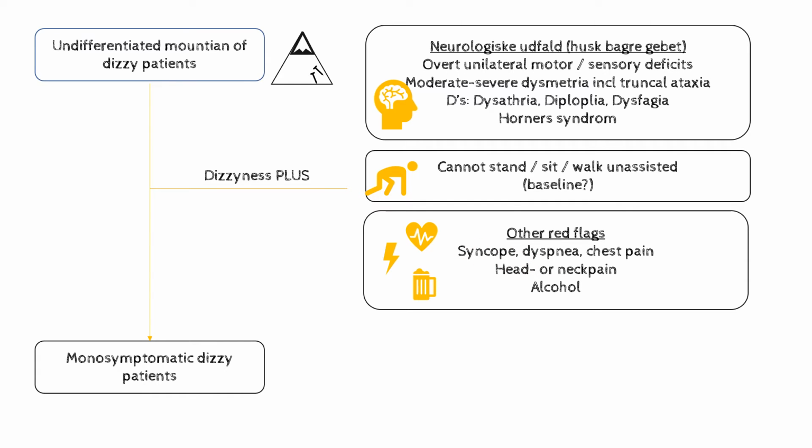Also, you have to rule out your carotid artery dissections and vertebral artery dissections if you have someone with significant pain from their head or neck alongside dizziness. And this is especially important in the young population, of which I've seen a handful of strokes presenting like this.